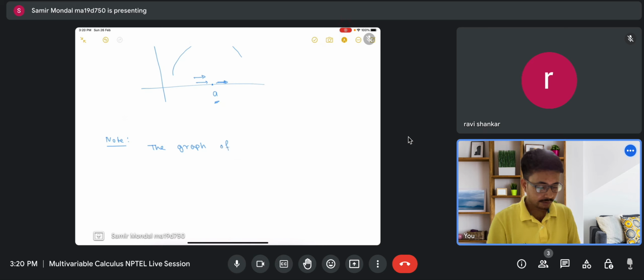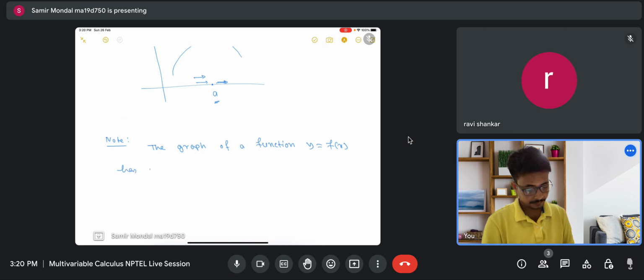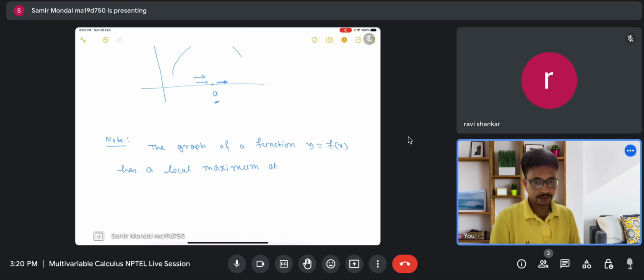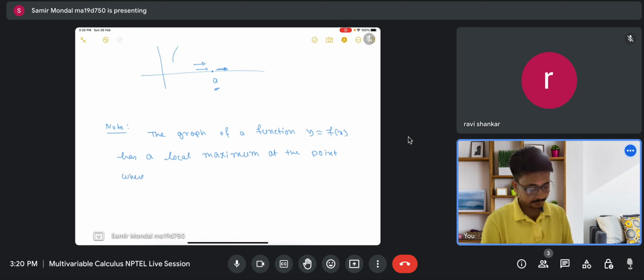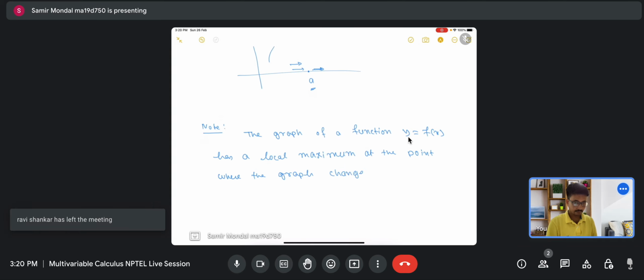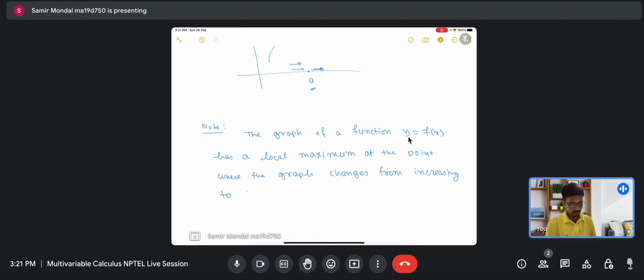The graph of a function y equal to f of x has a local maxima at a point where the graph changes from increasing to decreasing.